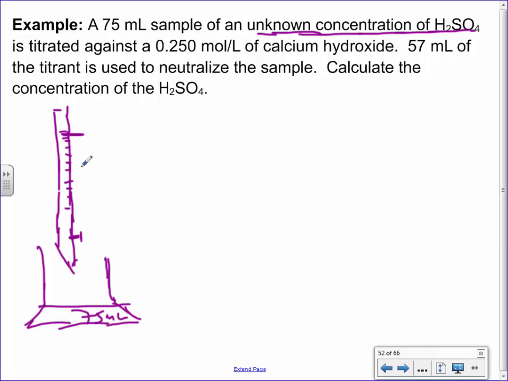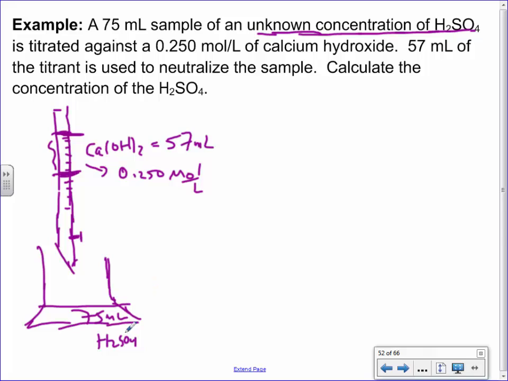We are going to then pour in some calcium hydroxide, and the amount of calcium hydroxide that we used here is 57 milliliters. From wherever we started to wherever we finished, the difference is 57 milliliters. And the last piece of information we need is that the concentration of the calcium hydroxide was 0.25 moles per liter.